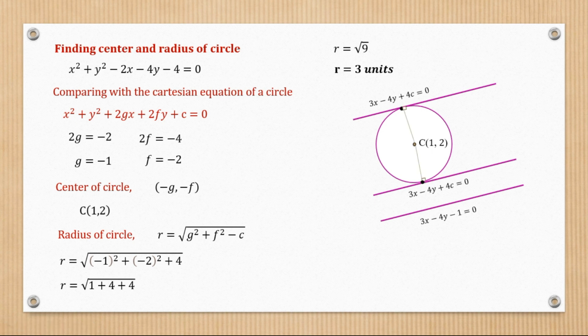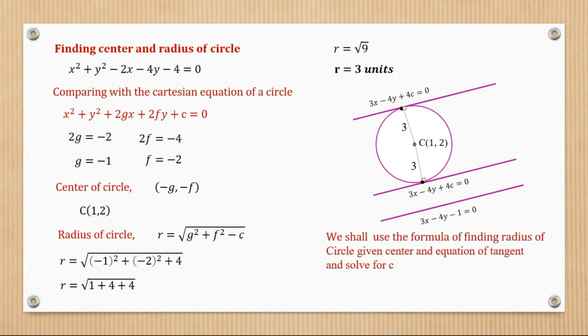So I know the value of the radius is 3. Now we shall use the formula for finding the radius of a circle given the center and the equation of the tangent, and solve for c. This is another formula we can use to find the radius of a circle when we know the center and the equations of the tangents.